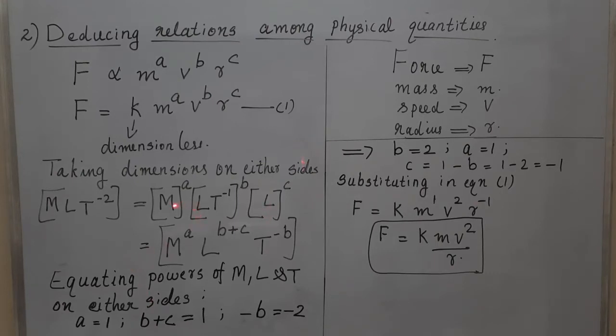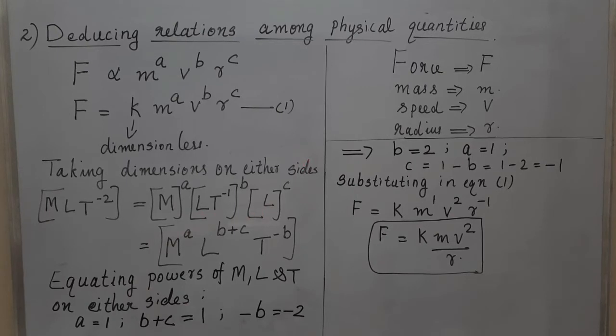Now just to simplify this right hand side. So M raised to a, L raised to b is there, L raised to c also is there. So L raised to b plus c and T raised to minus b. T raised to minus 1, raised to b, becomes T raised to minus b. So this is the right hand side. Left hand side is already there.